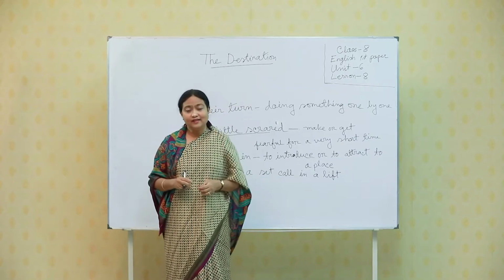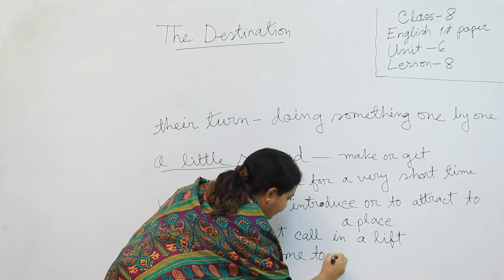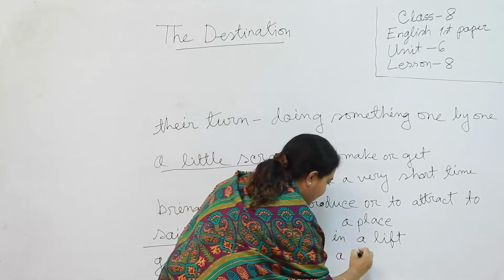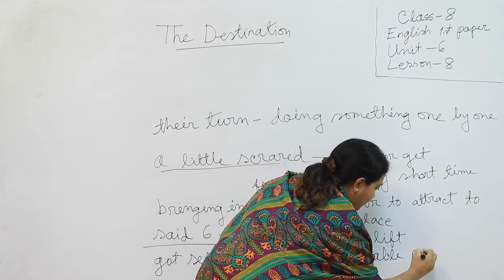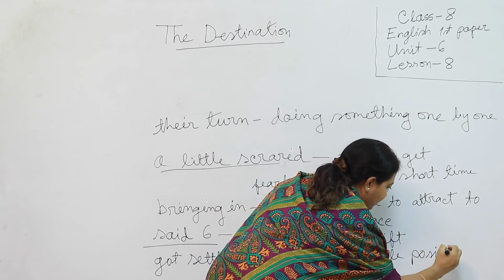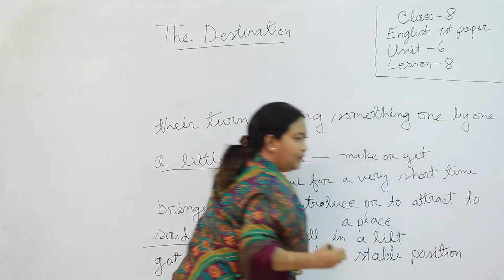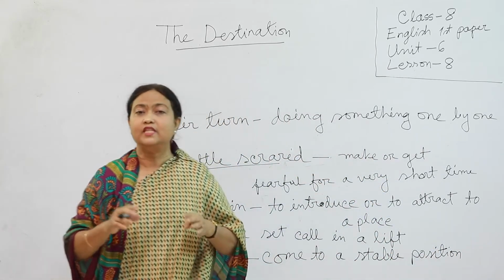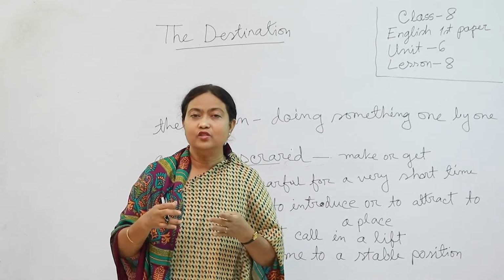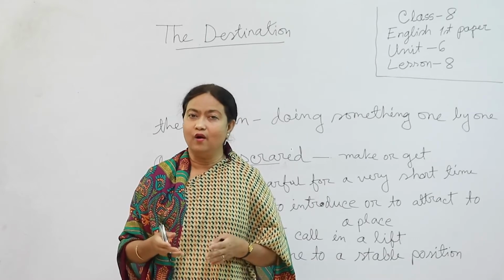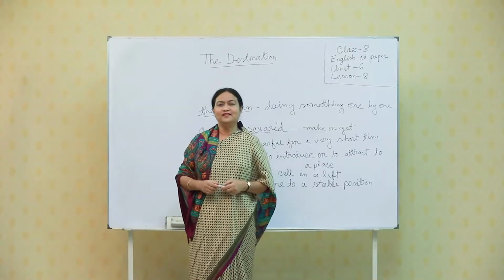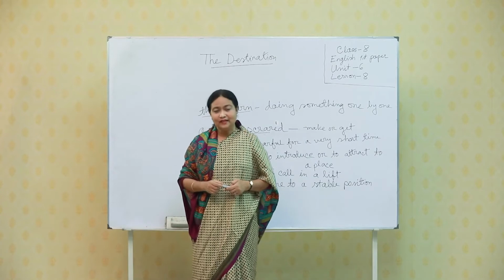That is, got settled means come to a stable position. Come to a stable position, that means to adjust to a new situation or new place. Okay? Got settled.